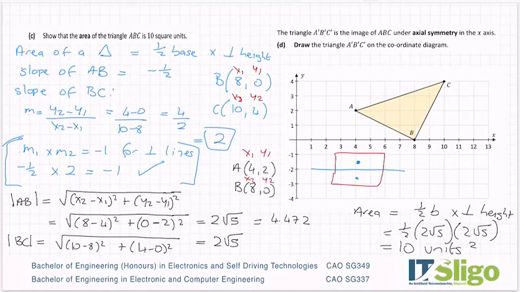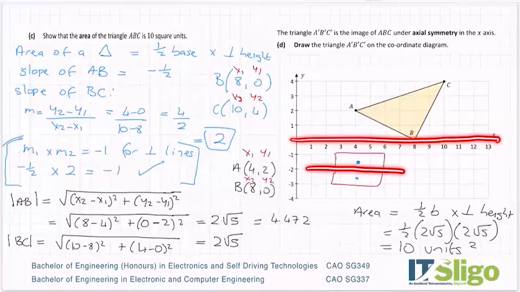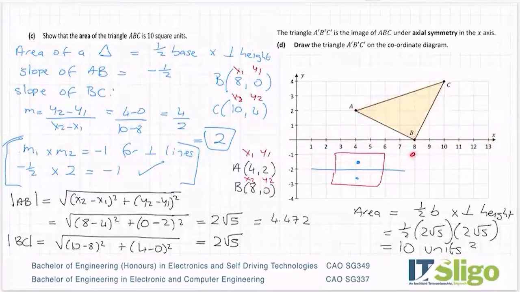Well, this is the same, except this is our line of symmetry. So this is the same as the blue line I have here, okay? And I need to draw an image of that part down here that's going to be the exact same so that I get symmetry. So how do you do it? Well, the first thing with A is you look at how far it is from the x-axis.